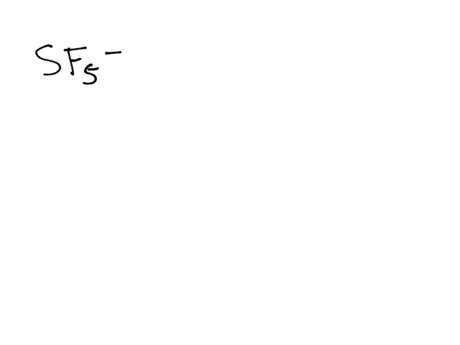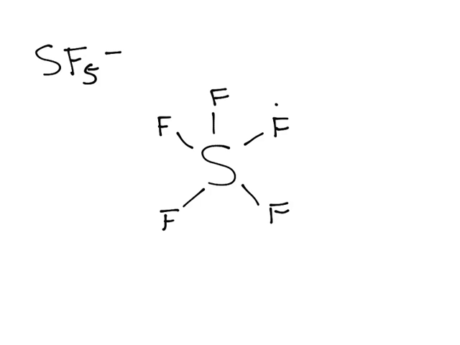And so you have S, F, F, F, and so all of the F's are neutral. And so from the previous example, we determined that F, the fluorine, has a 0 formal charge.